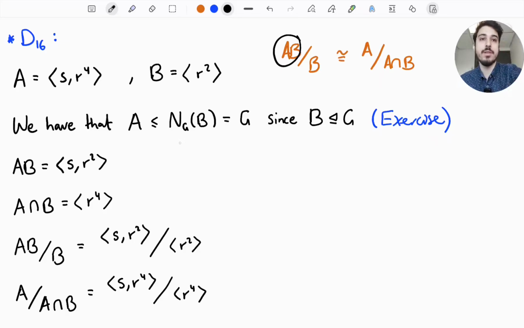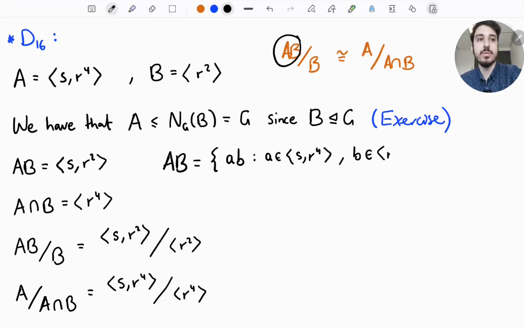The reason is that if you explicitly write down AB, this is equal to all the elements ab such that a is in A and b is in B. And a here is going to be S, R4, and b here is going to be R2.